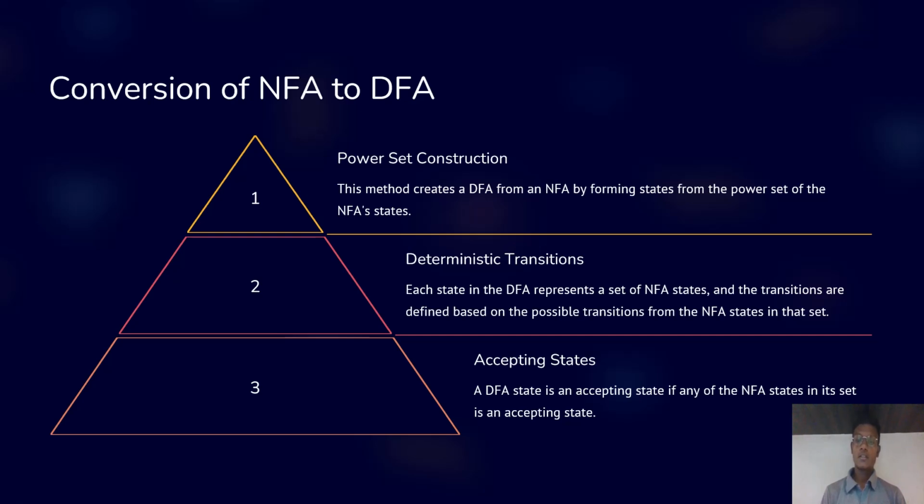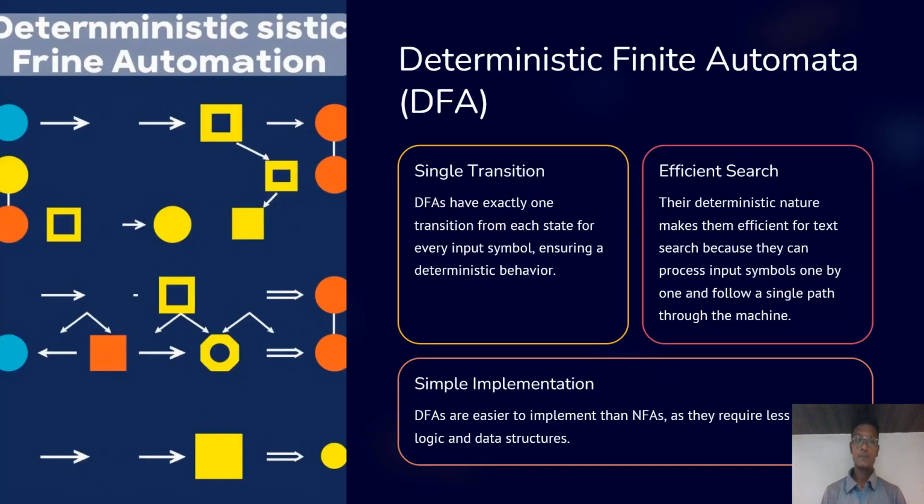Each state in the DFA represents a set of NFA states. The transitions are defined based on the possible transitions from NFA states in the set. Next step is the accepting state. A DFA state is an accepting state if any of the NFA states in its set is an accepting state. These are the conversions of NFA to DFA.